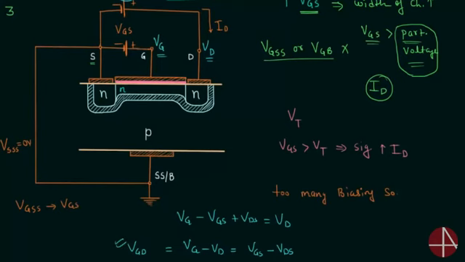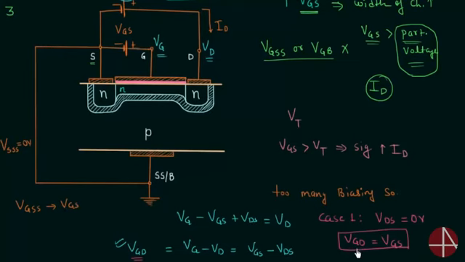Now we have to analyze three cases using the result we have obtained. In case number one, voltage VDS is equal to 0 volt. From here you can see VGD is equal to VGS minus 0 volt, which is equal to VGS. So voltage VGD is equal to VGS. Now let's try to understand what will be the effect on the depletion region in this scenario.